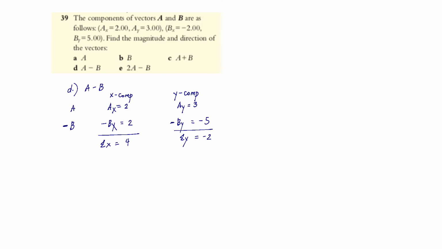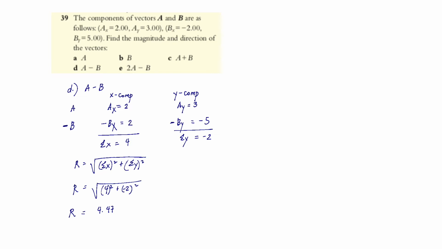So applying now the formula, the resultant is the square root of summation of x square plus summation of y square, and that would be the square root of 4 square plus negative 2 square, and that is 4.47.